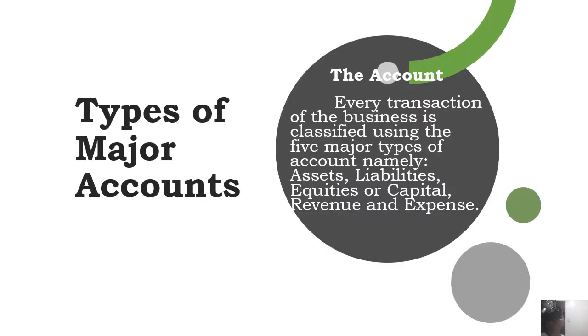So let's discuss our lesson for today, which is the types of major account. So every business transaction and events will be recorded using an account, which may be in the form of a piece of paper.